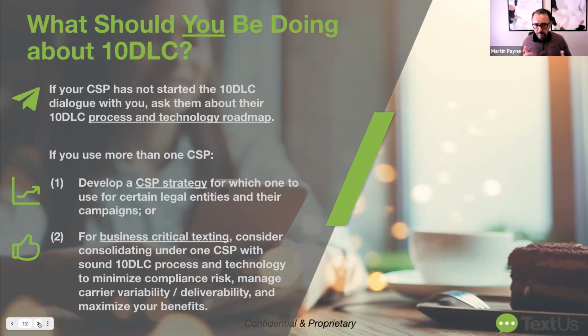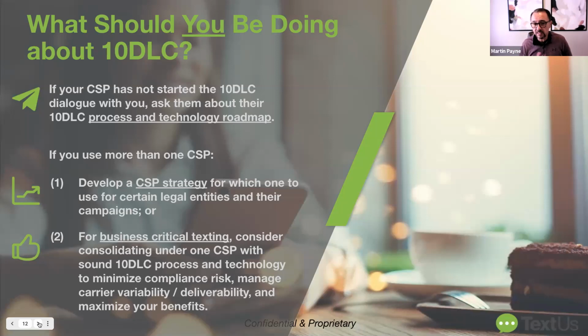And here's why. Eric mentioned it earlier. You've got one brand, right? And that one brand is going to get registered in 10DLC. There are a lot of capabilities and risks tied to that one brand and the campaigns that are under that one brand. And so you want to minimize compliance risk. You want a CSP that's going to be able to manage carrier variability and deliverability across your various entities and across your various campaigns. And you also want to maximize your benefits.